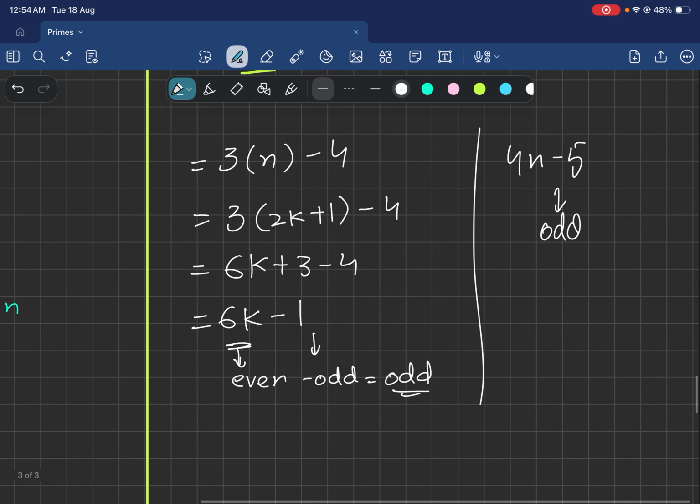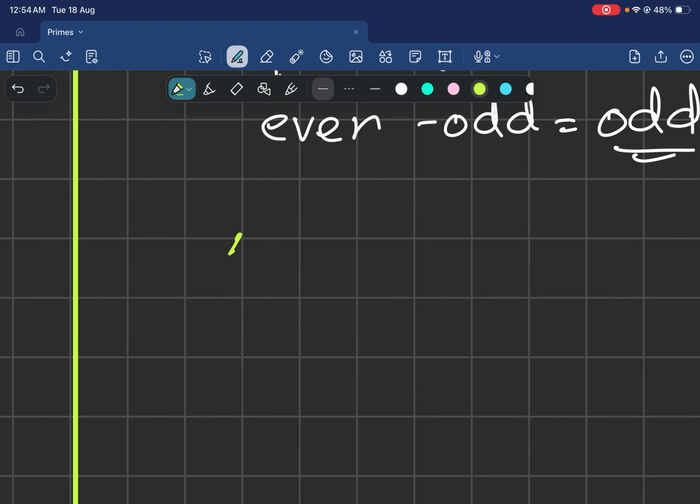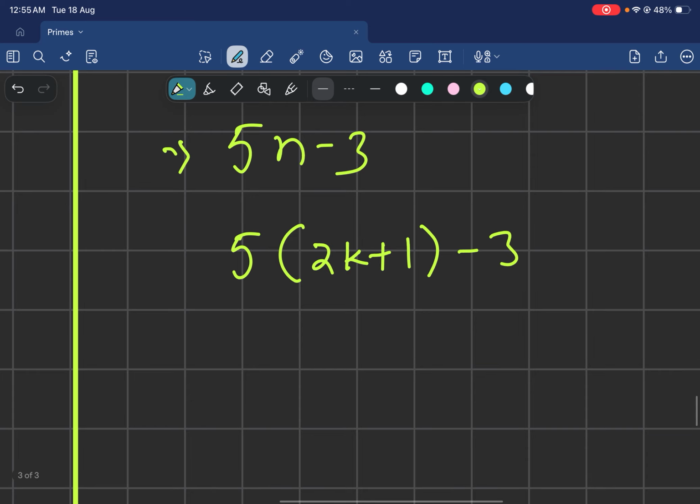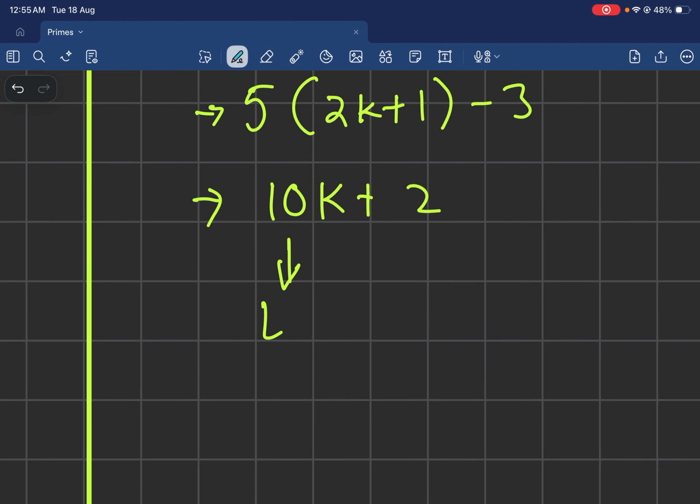If you try with 5n minus 3, let's plug in n equal to 2k plus 1. When n is odd, what happens? We get 10k plus 5 minus 3, and 5 minus 3 is equal to 2. So 10k is an even number, and 2 is an even number as well.